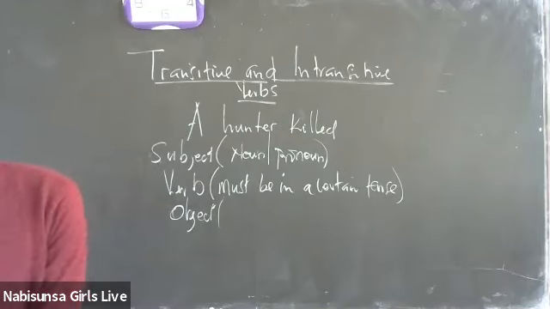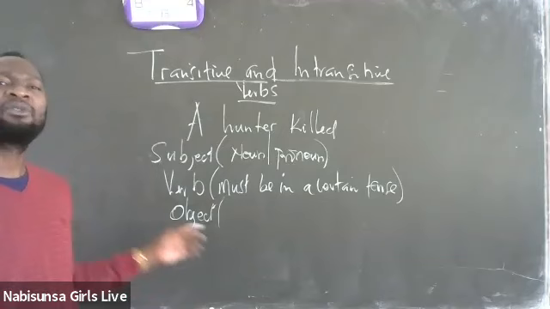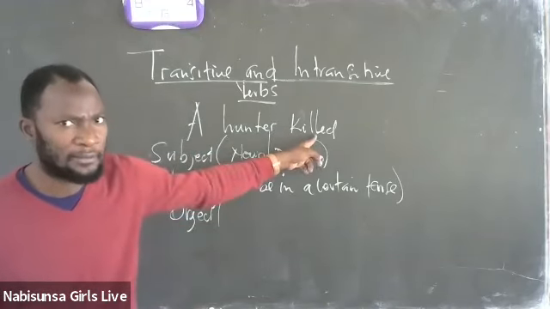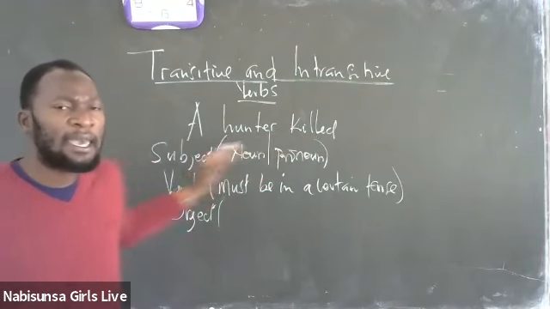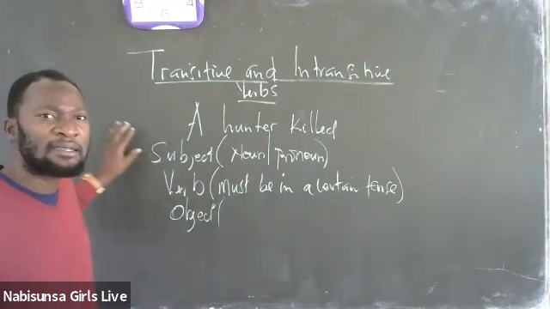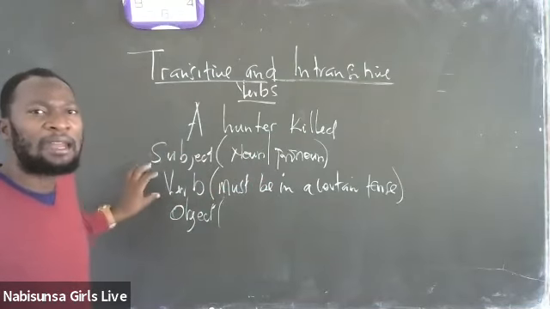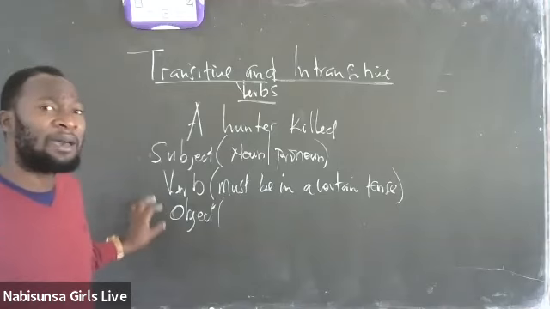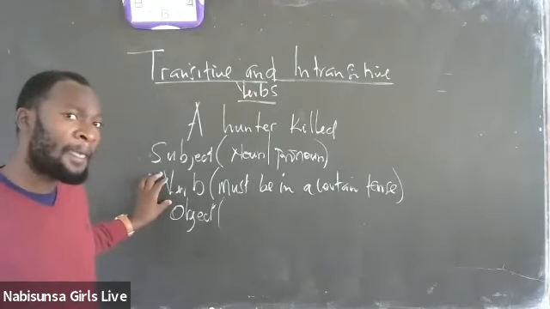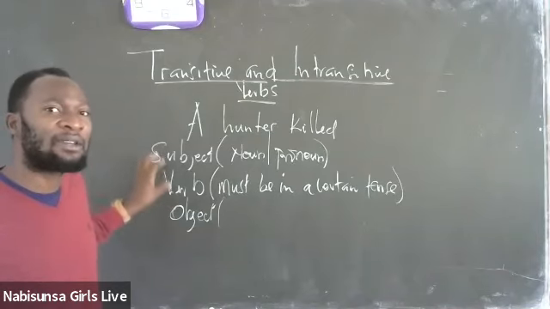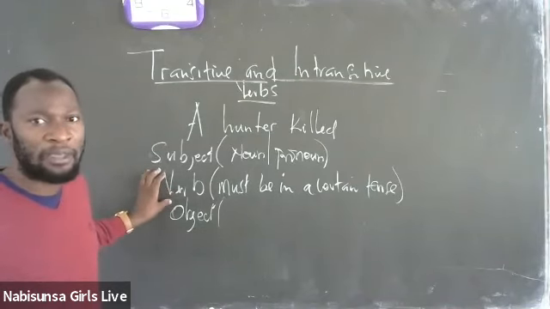It does not have the object. We do not know what the hunter killed. A proper sentence in English has to bear a subject, a verb, and an object. The object is usually affected by the verb, because it is the subject that carries out the verb.